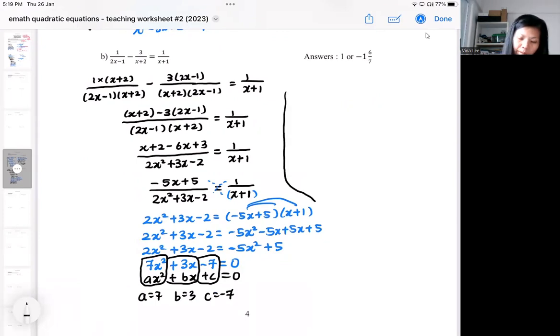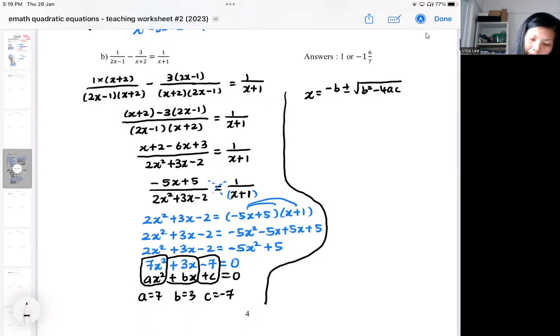I'm running out of space here. So once you get your ABC, you start to put it into your formula. So you give it a try, see whether you have gotten the two answers.